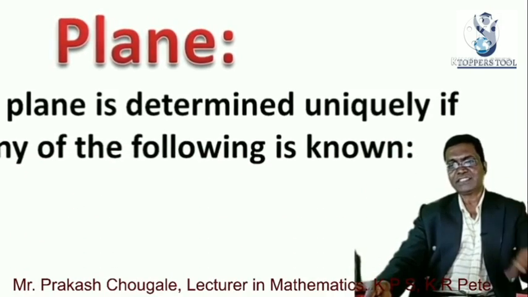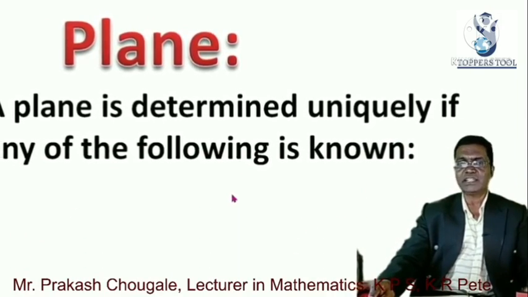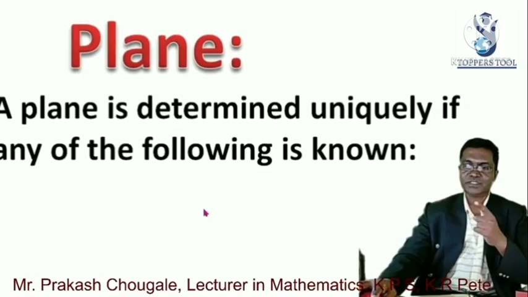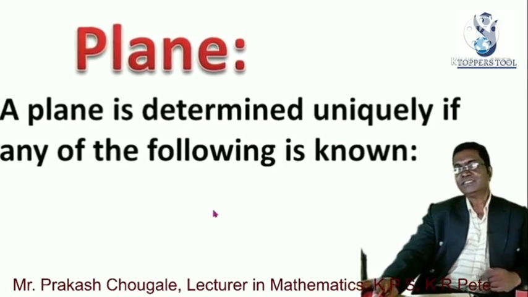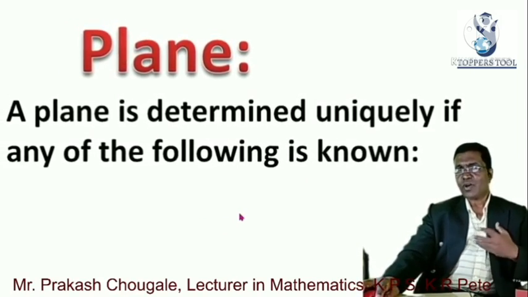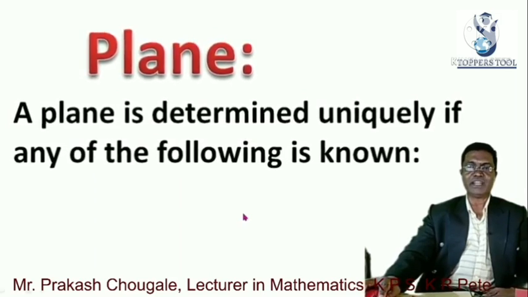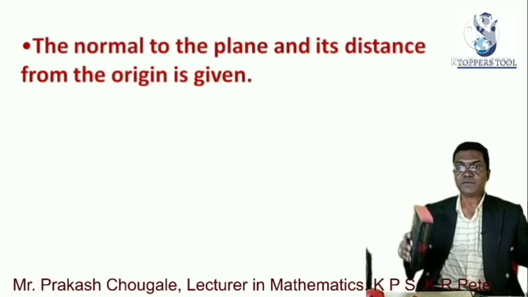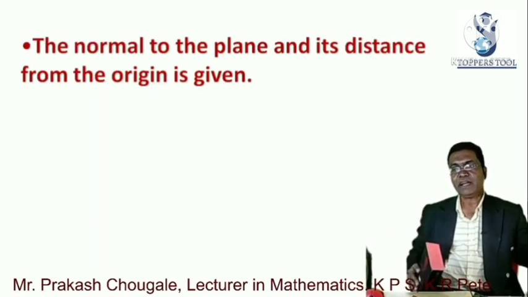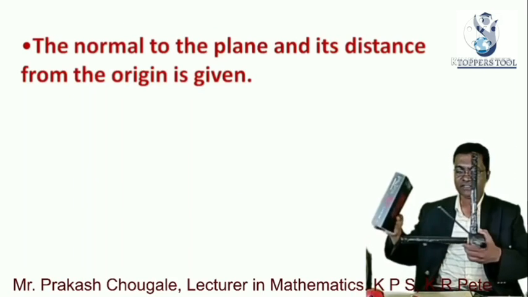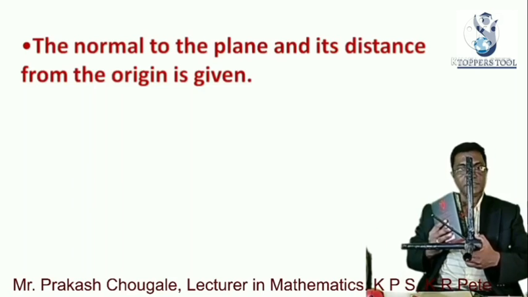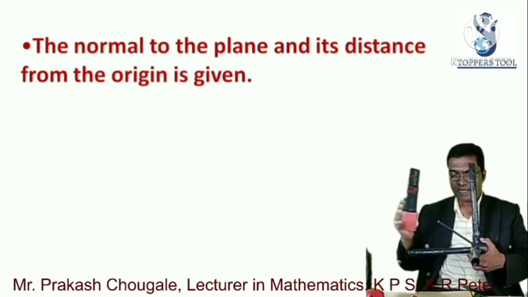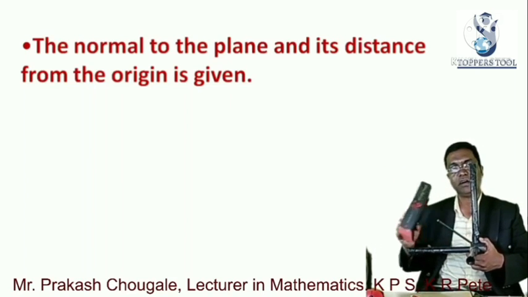So what are the things required to determine or derive the equation of a plane? A plane is uniquely determined from the following known things. First one: the normal to the plane and its distance from the origin is given. Suppose this is the plane and there is one line drawn from the origin.